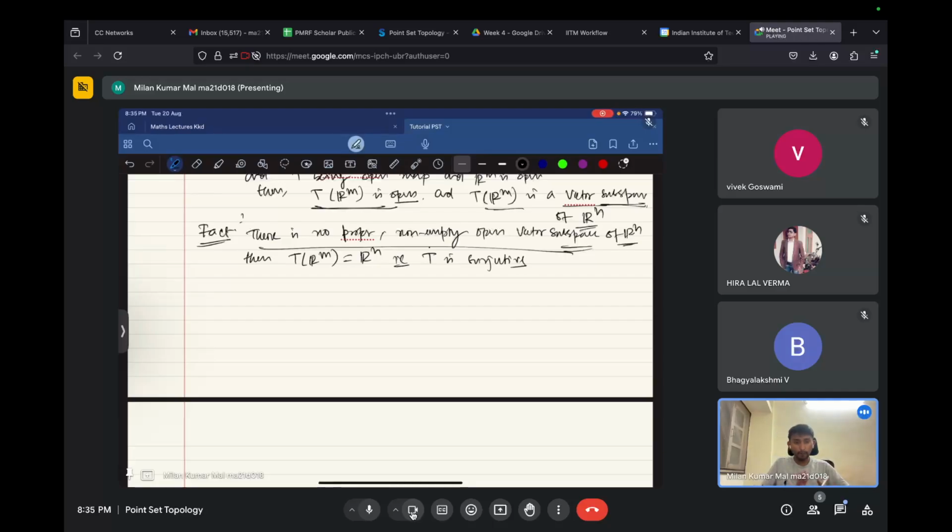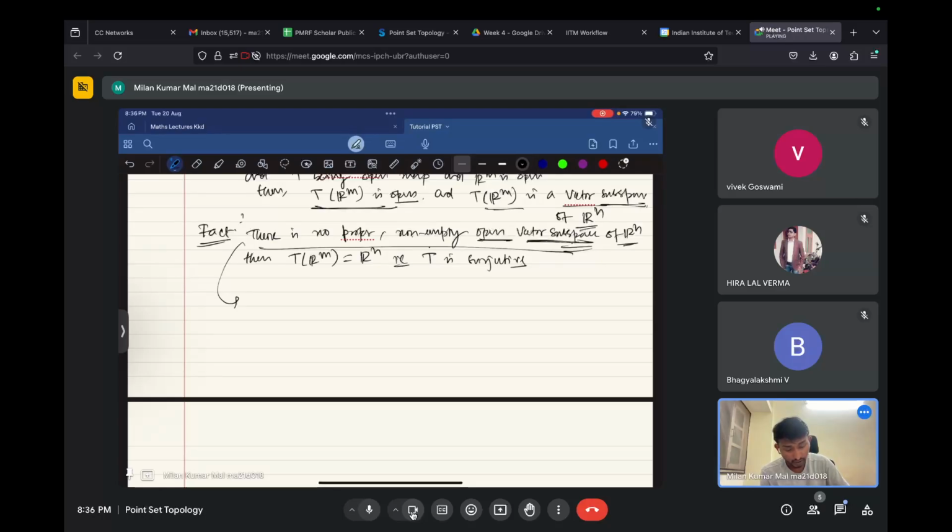If it is open and non-empty, it can't be a proper subspace. Suppose this is open; there is no non-empty open vector subspace.